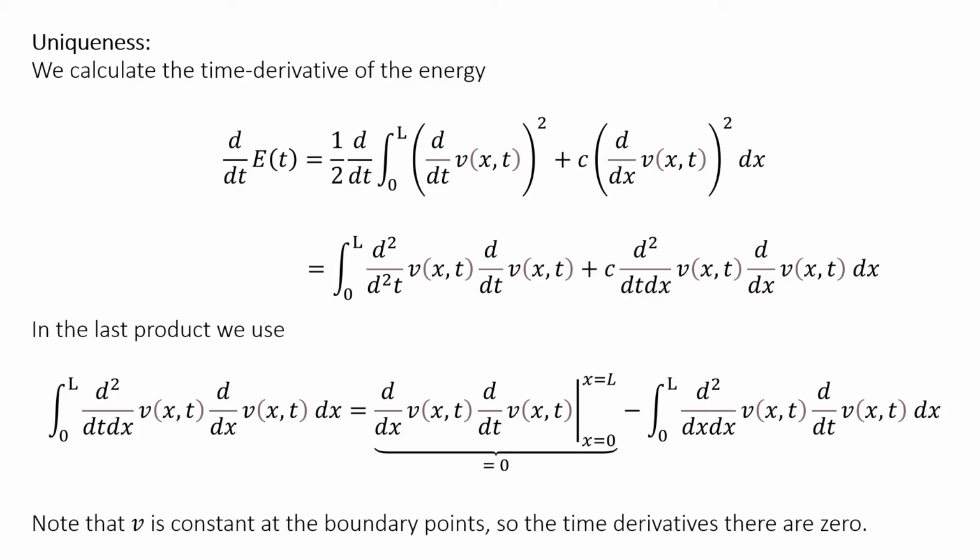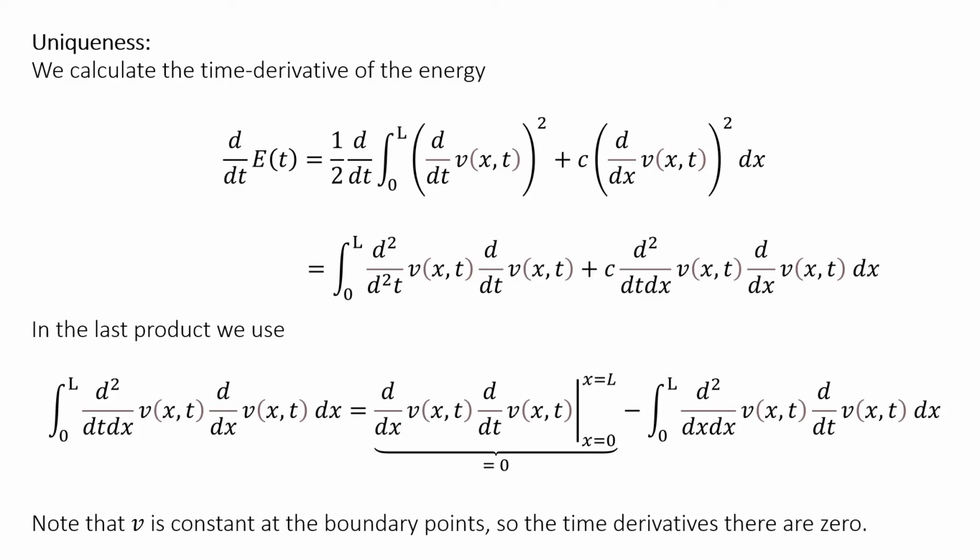So integration by parts tells us that the left integral equals the x derivative of v times the time derivative of v evaluated at x equals 0 and x equals L, minus the integral from 0 to L of the second space derivative of v times the first time derivative of v dx.